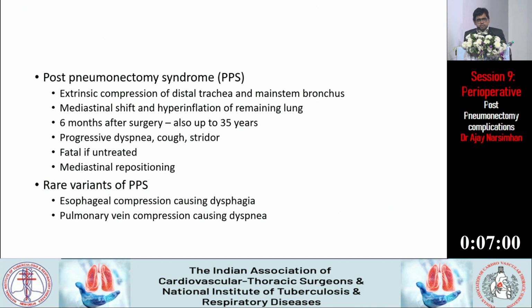The management involves mediastinal repositioning and keeping some tissue expanders in the mediastinum and allowing the mediastinum to go back to the normal position. Maybe saline-filled breast implants are being used. There are rare variants of PPS where esophageal compression may cause dysphagia and pulmonary vein compression causing dyspnea. Ultimately, you have to reposition the mediastinum. That is the most important part of it.